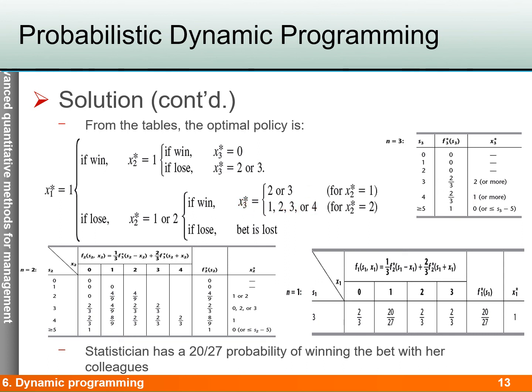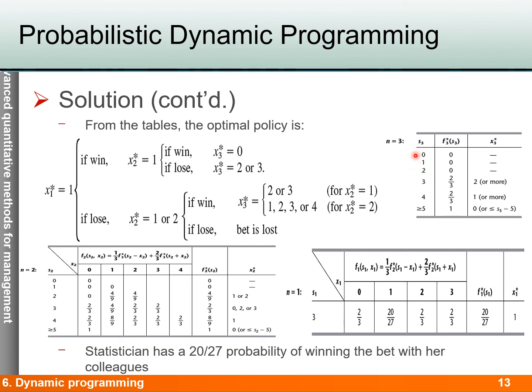Okay? At this part, if she loses this 1 or 2 that she bets in the second part, it means that 3 minus 1, 2. 2 minus 1 or 2 minus 2, it remains for us 0 or 1 in the third one.